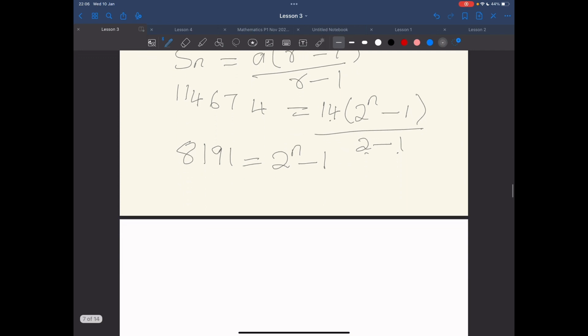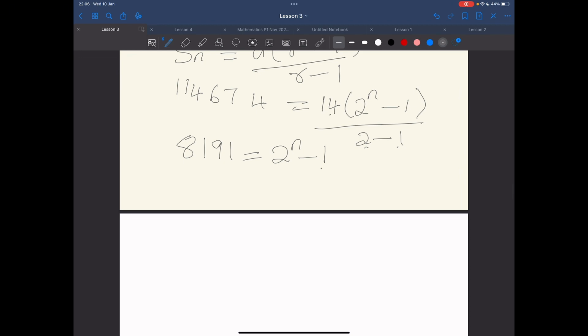If we take this 1 to the other side, we will have 2 exponent n equals 8,192. Here we can apply the logs, or we can write this in exponential form. So this is 2 exponent 13.